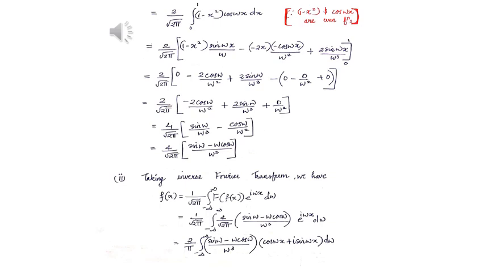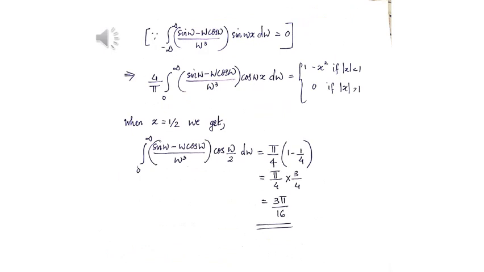Now what about cos and sine? Cos is even, sine is odd. So the sine part will vanish and only the cos part will come. So let us see the next slide. So here the sine part will be equal to 0. Then we will be only having the cos part, that is 4 by pi integral 0 to infinity.